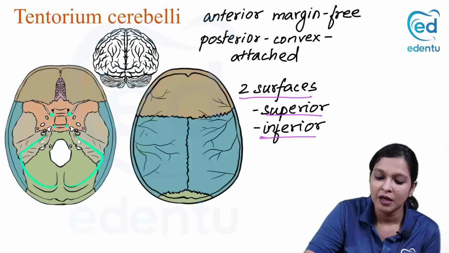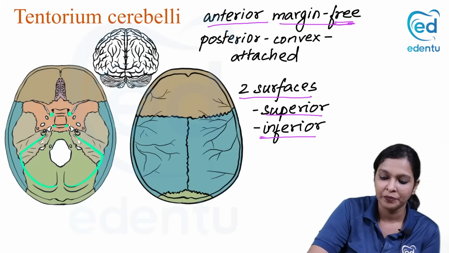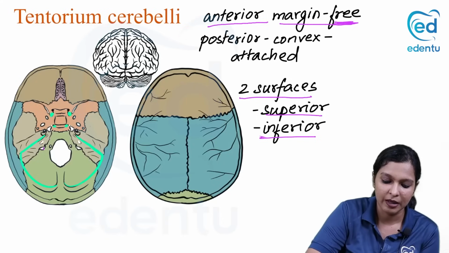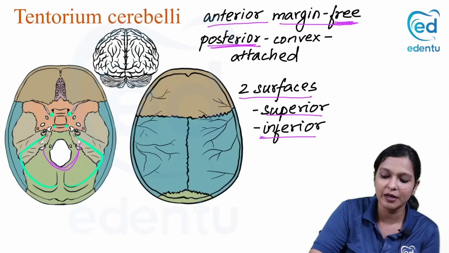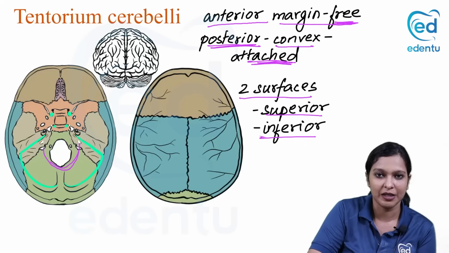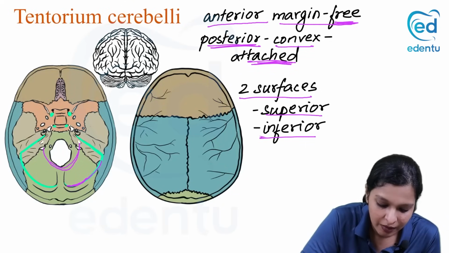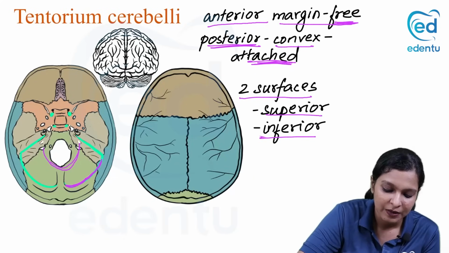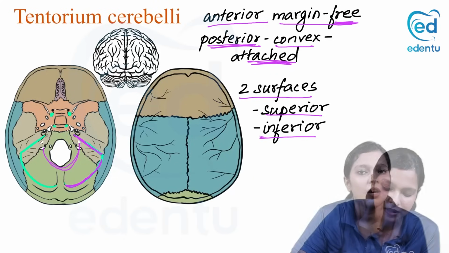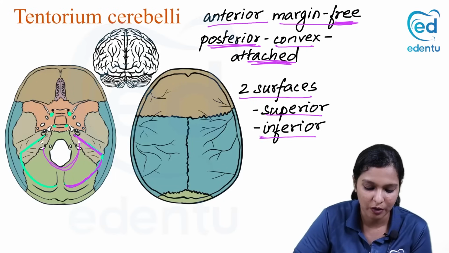Now it has two margins. The anterior margin is free. We'll see its shape. It will come around here. The anterior margin is free, it has no attachment, whereas the posterior margin is an attached margin. You can see a sulcus here, that is called the transverse sulcus. And what is this structure? This is the superior border of the petrous part of temporal bone.